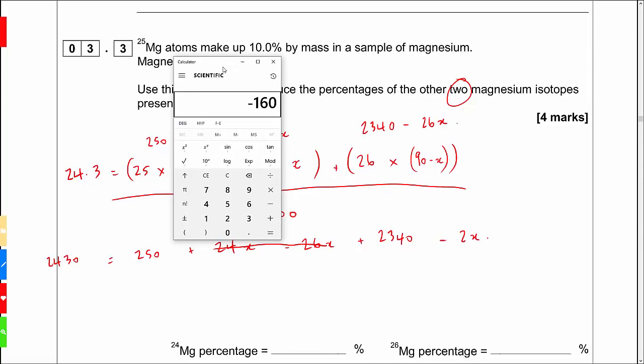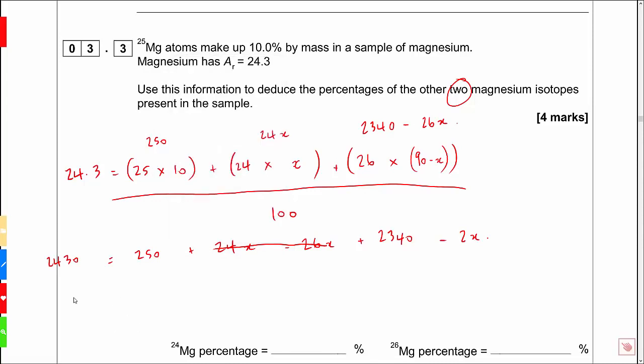So I know that minus 2x equals minus 160. So minus 2x equals minus 160, we'll just say 2x equals 160 because that is the same. Therefore x equals 80. Now this is percent. Now x was my 24, so magnesium 24 percentage must be 80. Now if the other one was 10, this is 80. Magnesium 26 must also be 10.